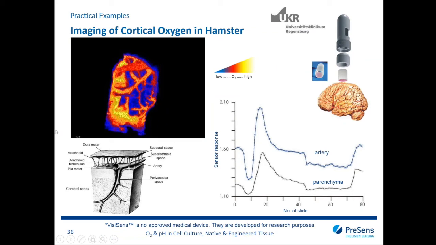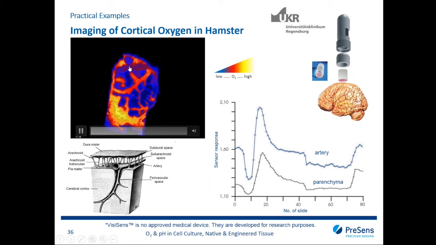My next example is on cortical imaging in a hamster brain. Actually, therefore, the dura mater was prepared and the brain was covered with a sensor foil. And what you can see in this video is changing oxygenation of the hamster brain with different breathing gas oxygen contents. In here, you can see the artery, and you can see here the venule.